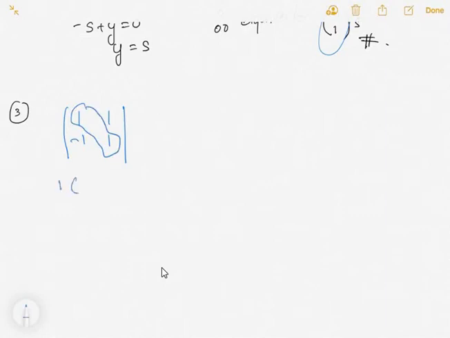Your 1 times 1 minus 1 multiplied by negative 1, you will get 2, which is not equal to 0. So this means that they are linearly independent.